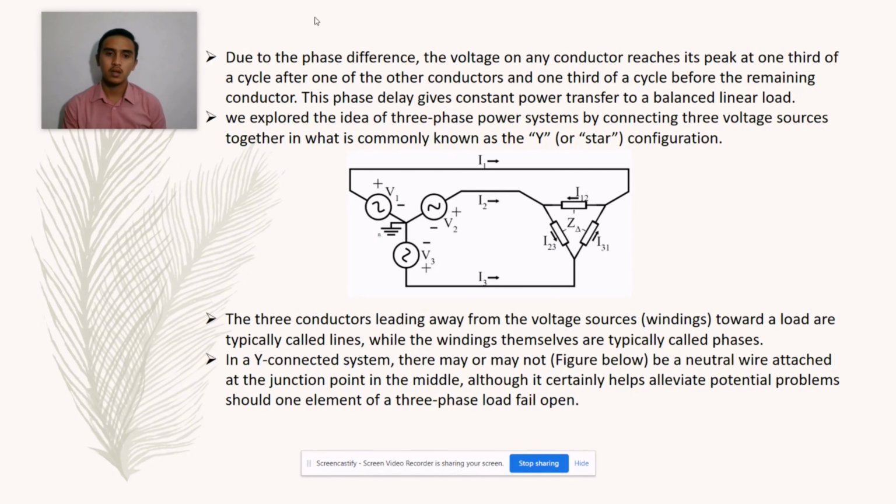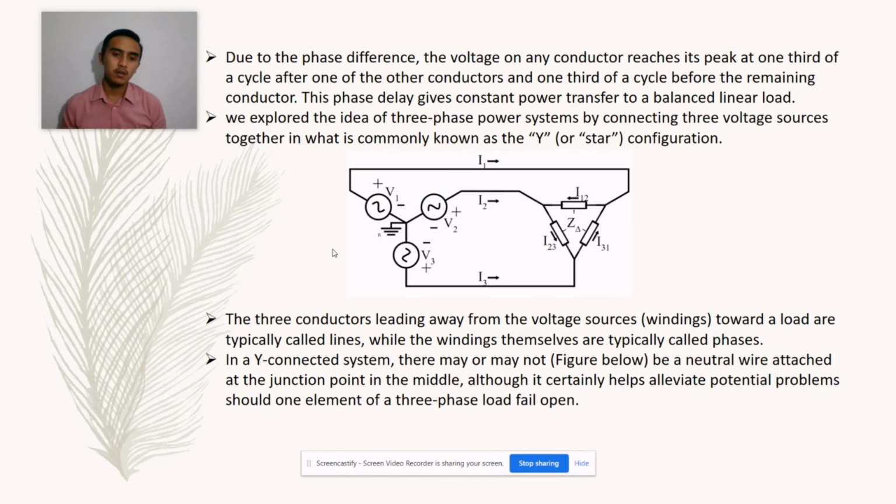We explored the idea of a three-phase power system by connecting three-phase voltage sources together in what is commonly known as a Y configuration. So this is the circuit of Y-connected, and delta is the delta.